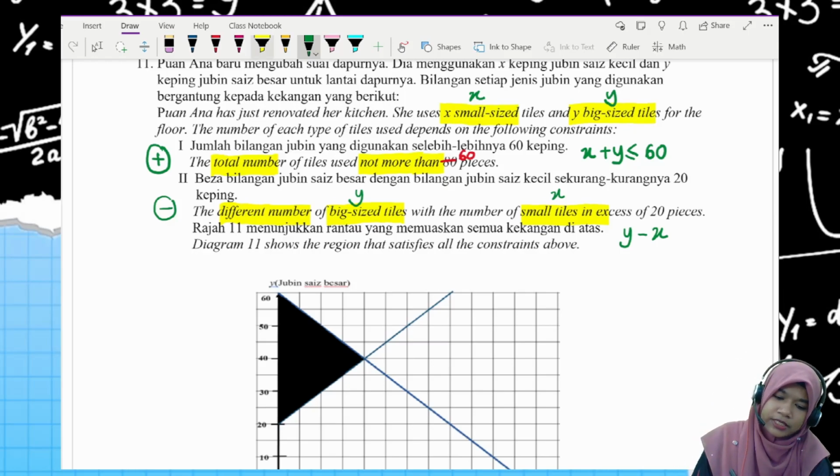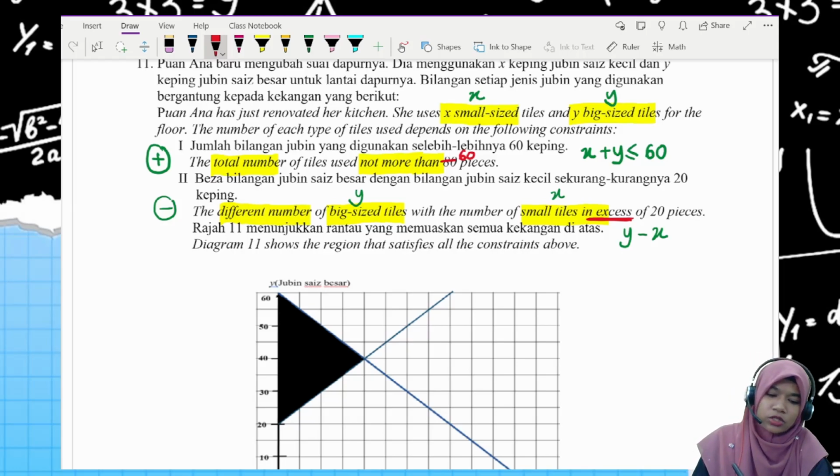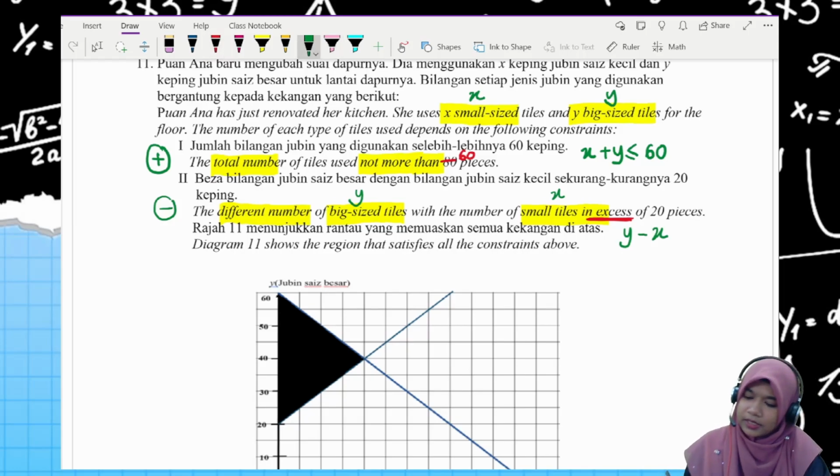The keyword used here is in excess of, which means more than, excess of 20 pieces. So Y minus X is more than or equal to 20.